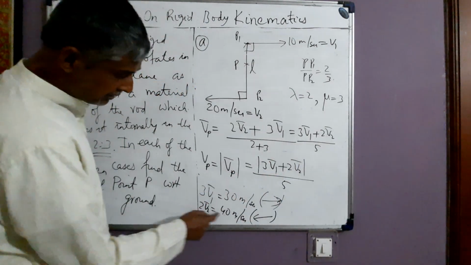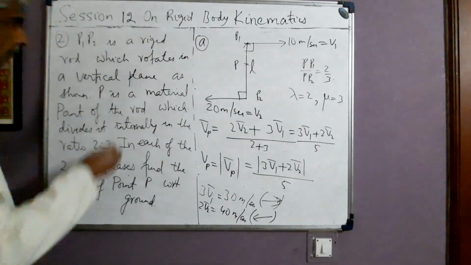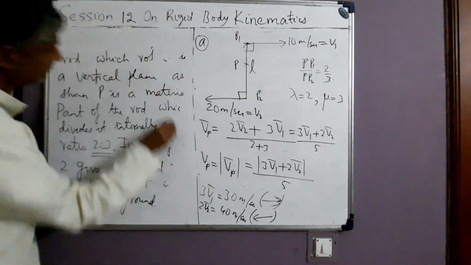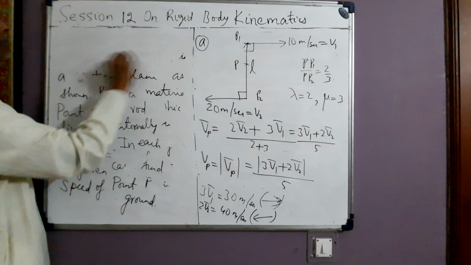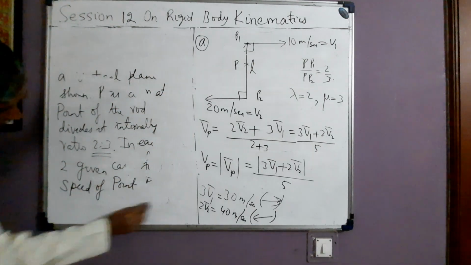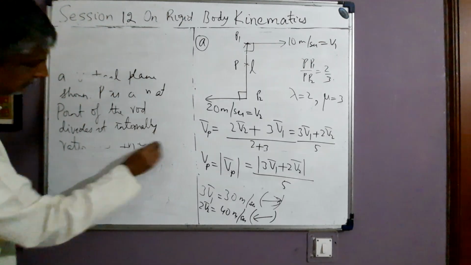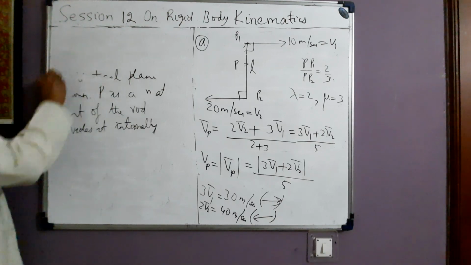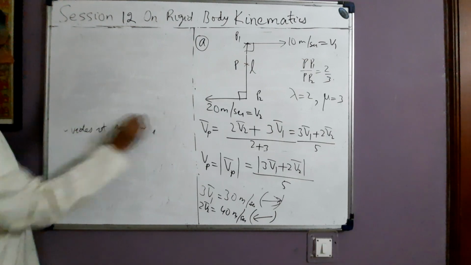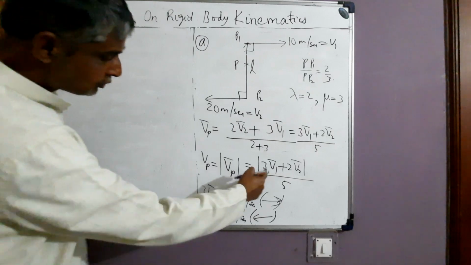The angle between these two vectors is 180 degree.